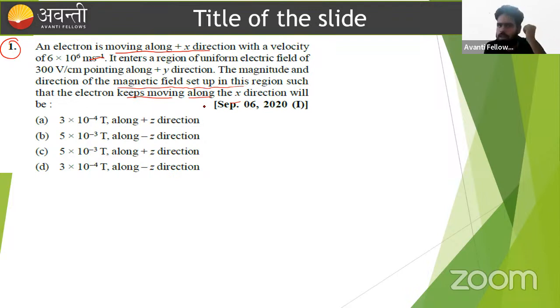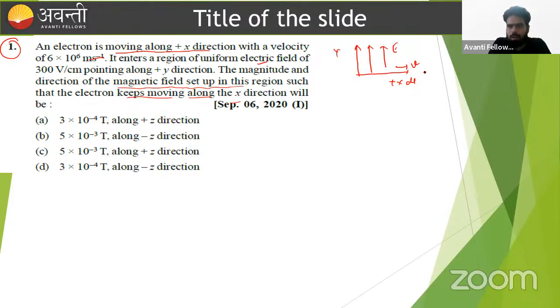There are only two possible forces: the electrostatic force, because an electric field is given, and the magnetic force. The velocity is along plus x, and the electric field is applied in the plus y direction. I hope this is clear.